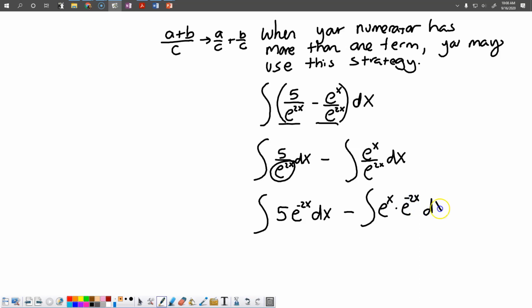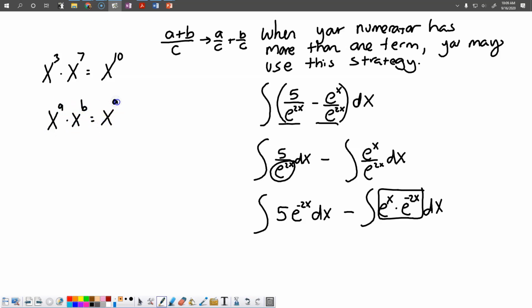But here's something else special about this one. Since they both have the same base of e, we can combine these. As you guys know, for instance, what if I asked you what's x cubed times x to the 7th? You would get x to the 10th. So the rule is that anytime you have x to the a times x to the b, that's x to the a plus b power.